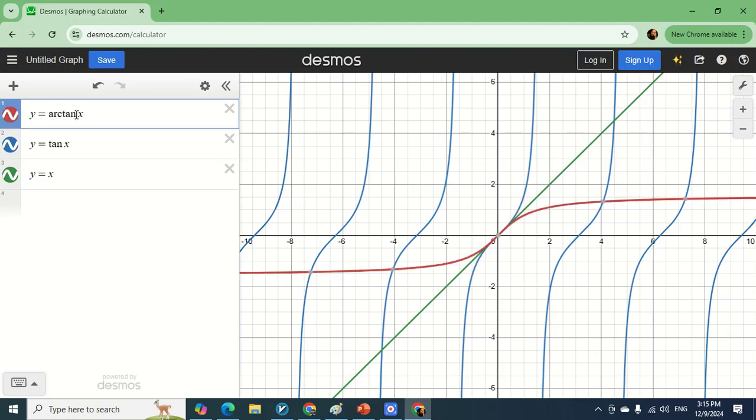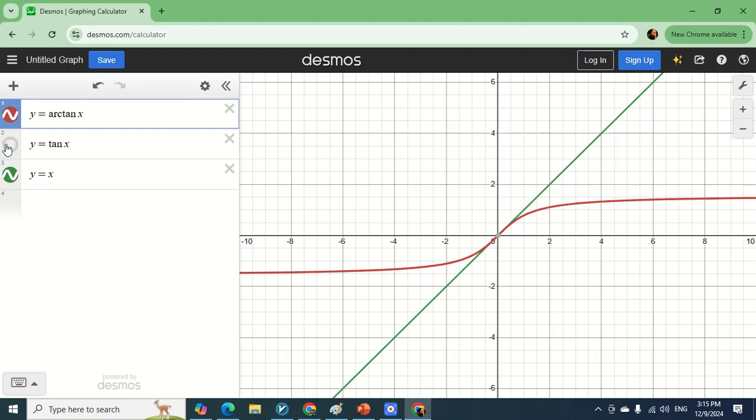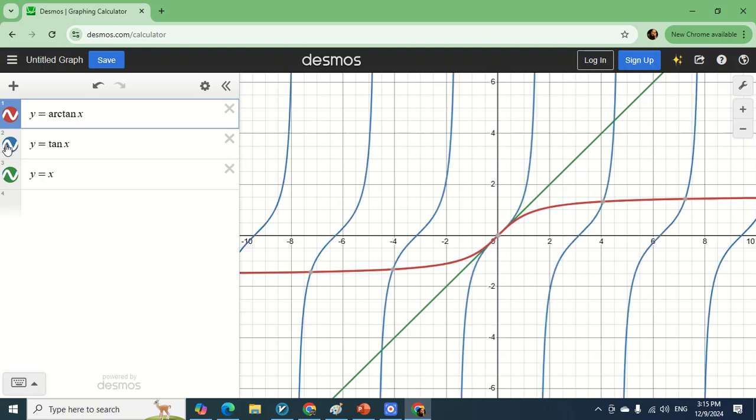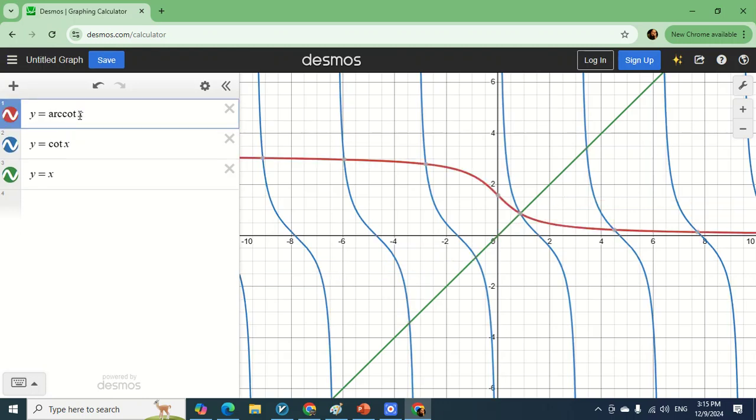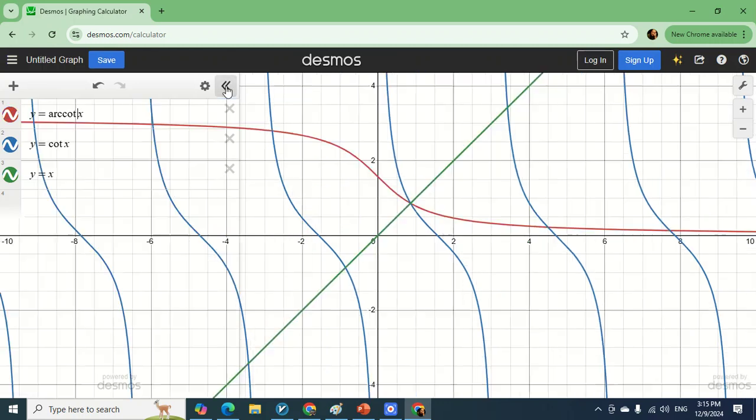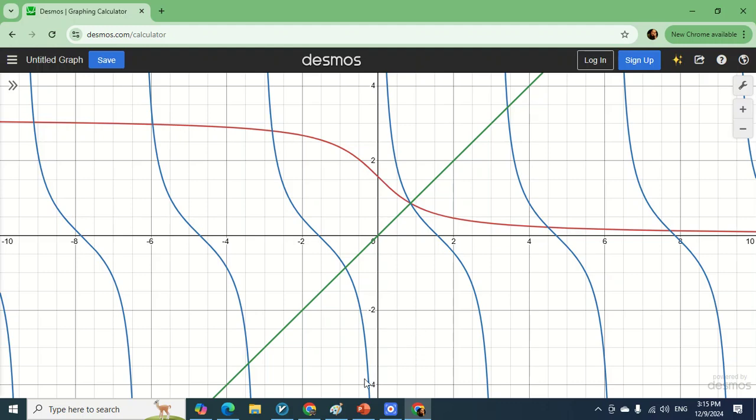So this is the arc tangent, and as you can see, between pi over 2 and minus pi over 2 we should consider the inverse of that function, meaning only one part should be restricted to sketch the graph of arc tangent. And we have the cotangent and the arc cotangent there as well. As you can see, all of them are symmetric with respect to the reflecting line y equal to x. So we can decide about their values as well, to see what happens when we have some value.